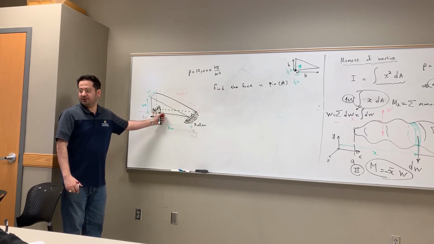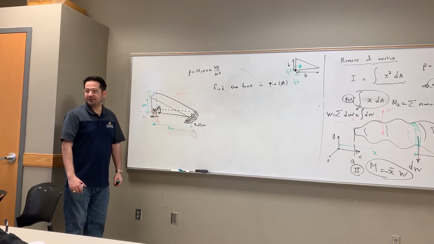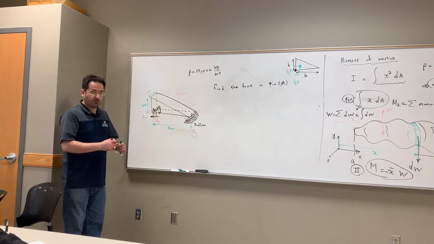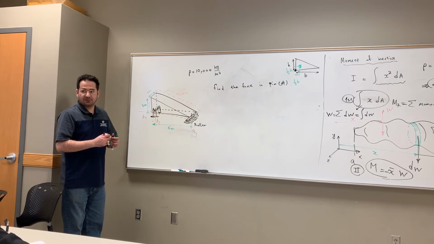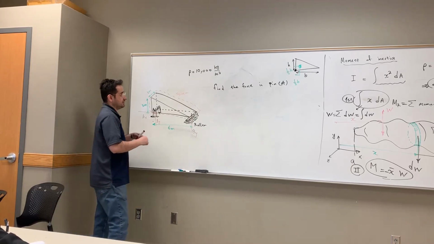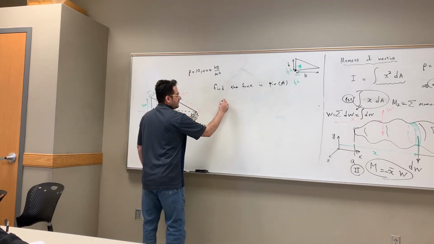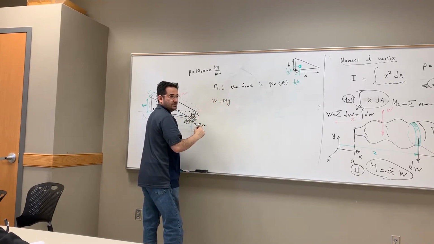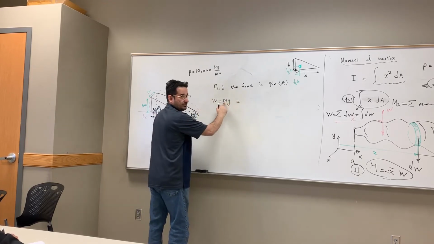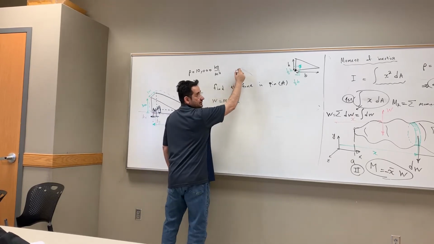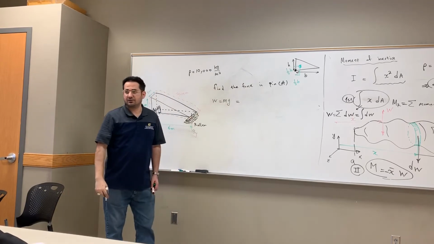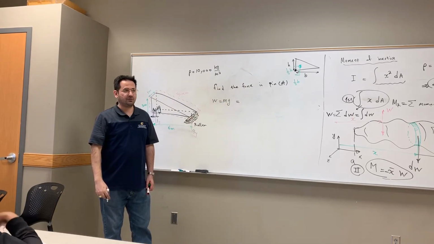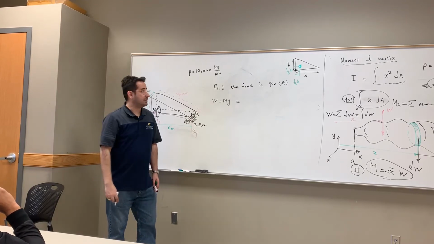Is it surface force? Do I have body force? Yes. So how much is the body force? mg, right? Body force is mg, W. And what is m? Volume times density.